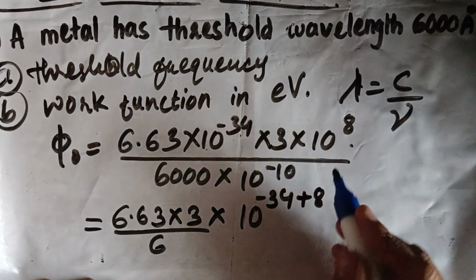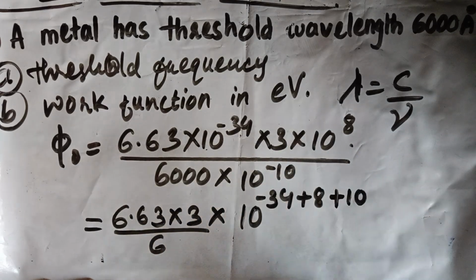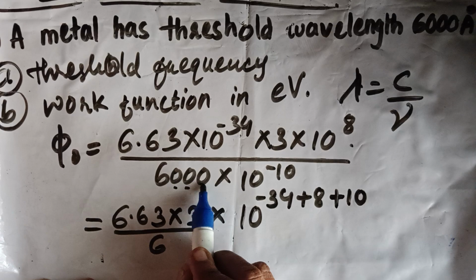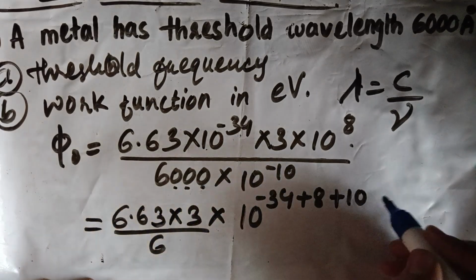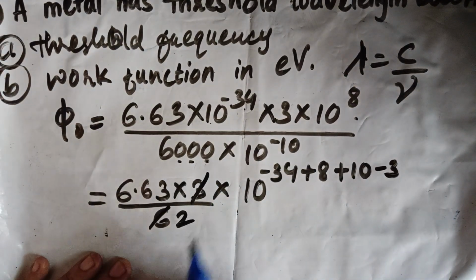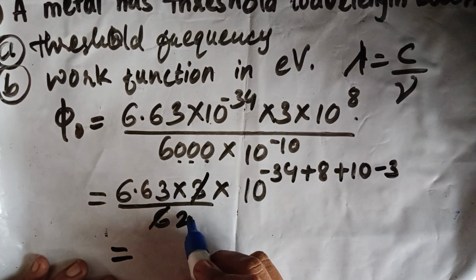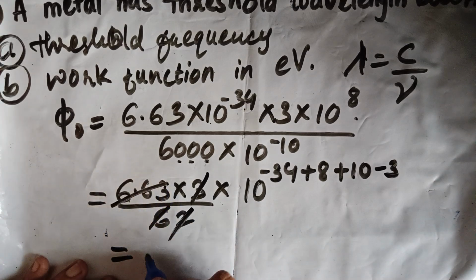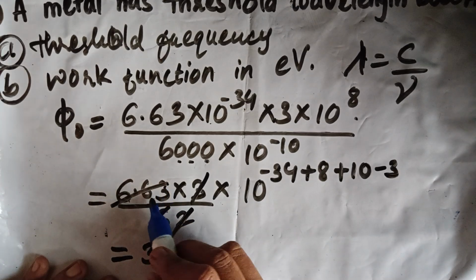This will go in the numerator and become plus 10. Then these 3 zeros, 10 raised to 3 in the denominator, in the numerator becomes minus 3.